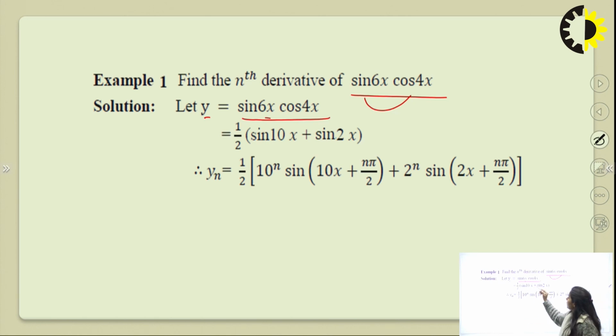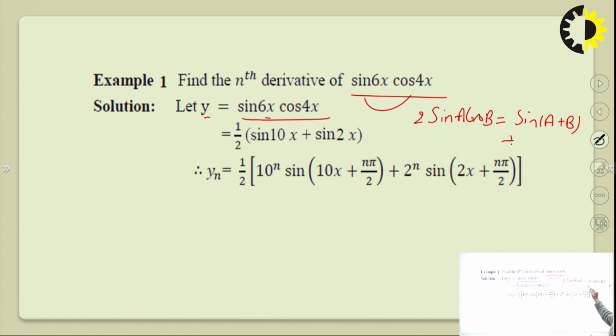Now we know that 2 sin a cos b is equal to sin a plus b plus sin a minus b. So we will apply this formula here.